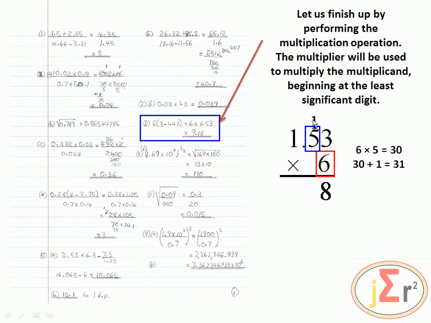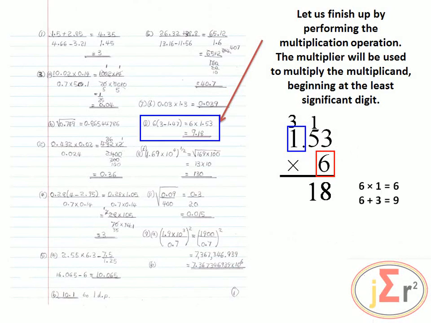Cannot neglect this, so add 1 to it. The 30 plus 1 is equal to 31. Write 1 and carry 3. And finish up by saying 6 ones 6, and 6 plus 3 is equal to 9.